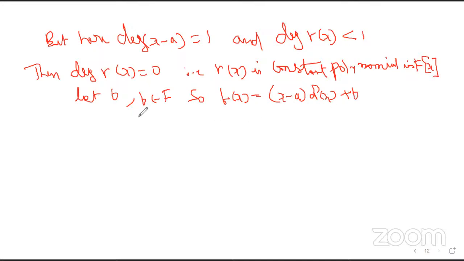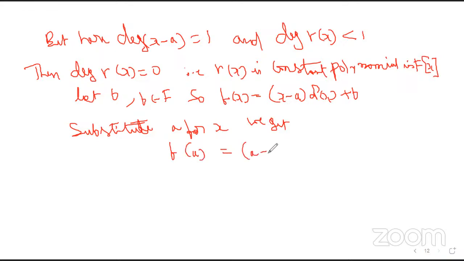Substituting a for x, we get f(a) equals (a minus a) q(a) plus b.